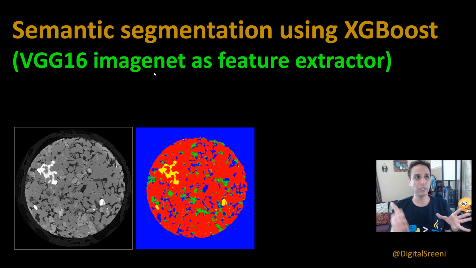So what we're going to do is chop off these convolutional layers and take those weights, which are basically nothing but digital filters, right? And use them as feature generators. We have done this in the past a couple of times, but again, it's worth repeating in case you haven't watched those videos. So use this VGG16 ImageNet as a feature extractor and send those features through XGBoost and try to segment an image. That's the plan for today. Okay, so now let's jump in.